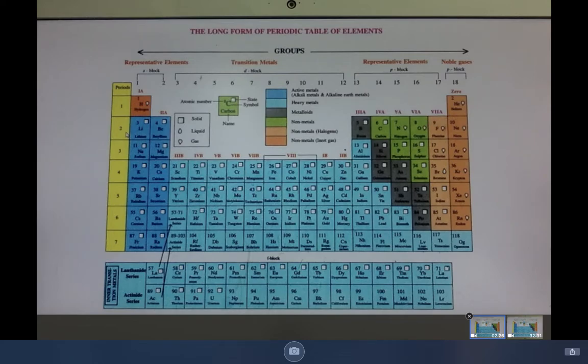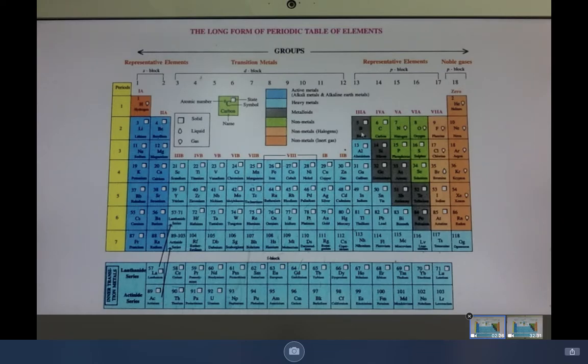Now, before I speak, I'll give you small pauses for you to revise your electronic configurations. Lithium, what will be the electronic configuration? 2,1. Beryllium, 2,2.